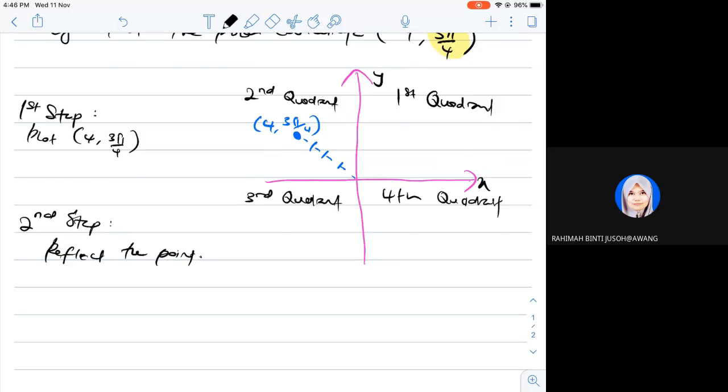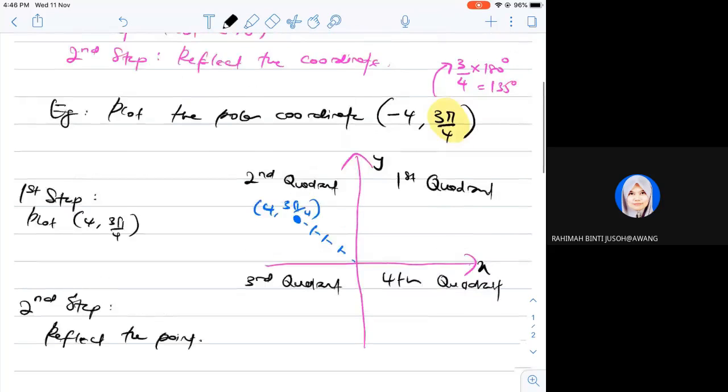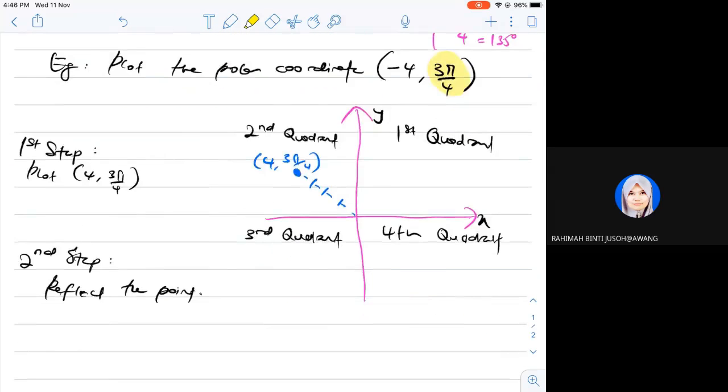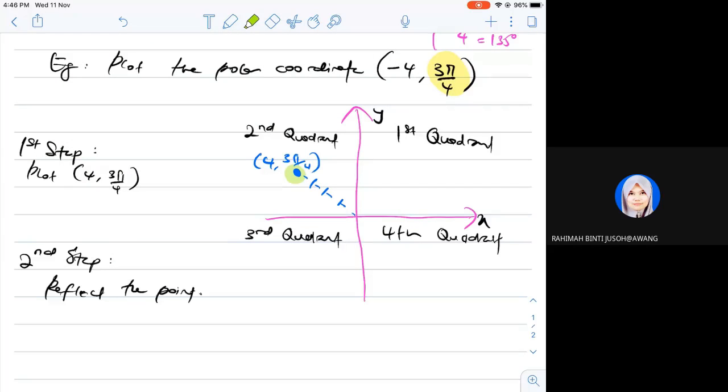What reflect means is this coordinate should be reflected here. So this is the coordinate of -4, 3 pi over 4. So this one is our answer.